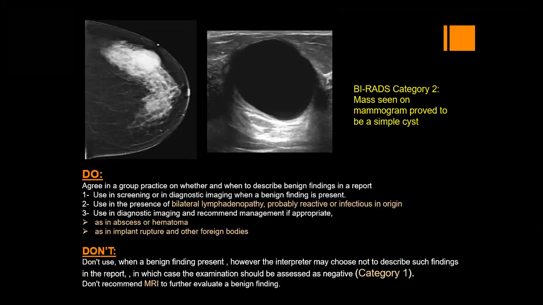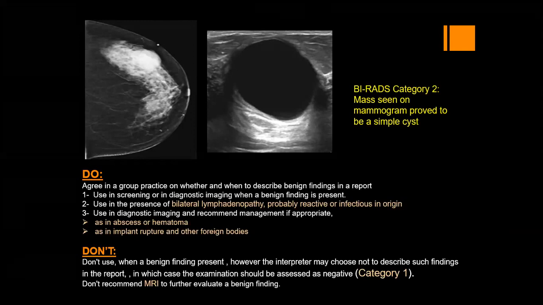Use in diagnostic imaging, okay, and recommend management if appropriate in a case of abscess or hematoma or in case of implant rupture. But don't use it when a benign finding is present and the interpreter may choose not to describe such findings in the report.